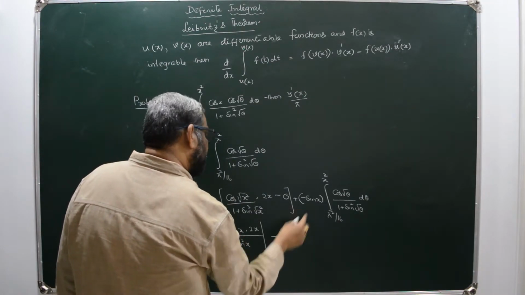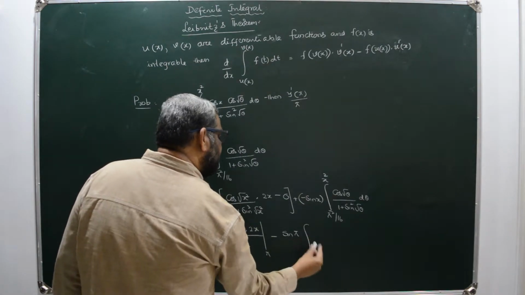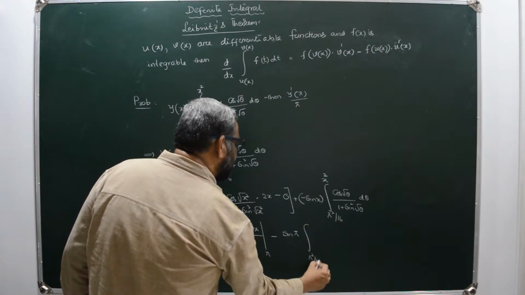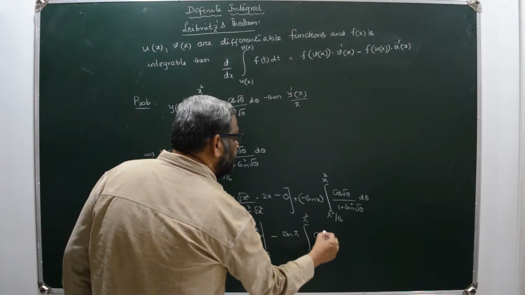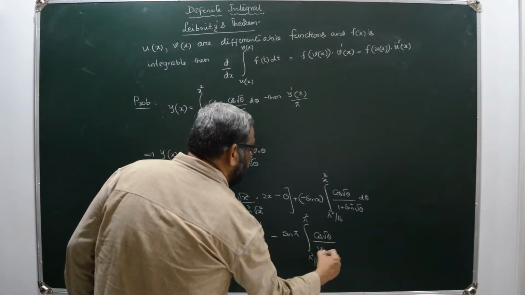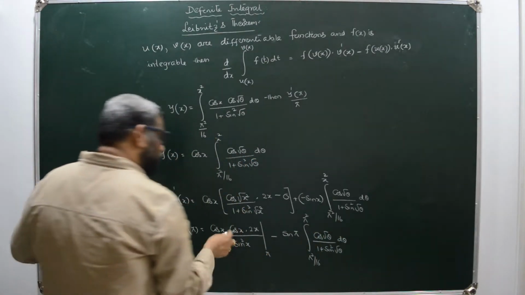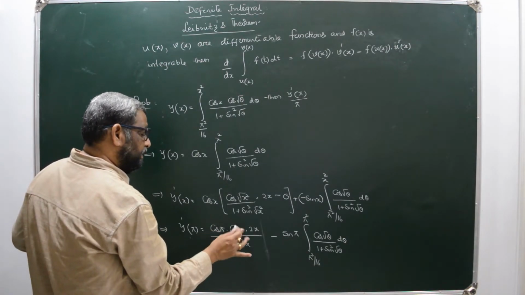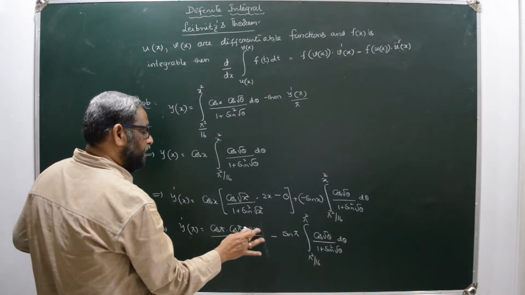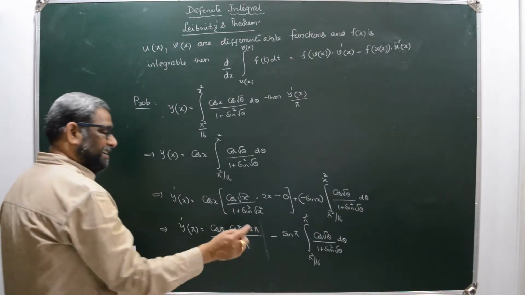So sin pi into the integral from pi square by 16 to pi square of cos root theta by 1 plus sin square root theta d theta. Here also you can directly write x equal to pi: cos pi into 2 pi by 1 plus sin square pi. You can write directly like this.